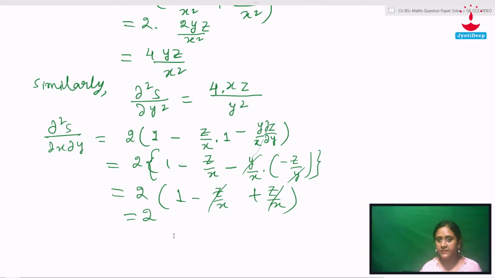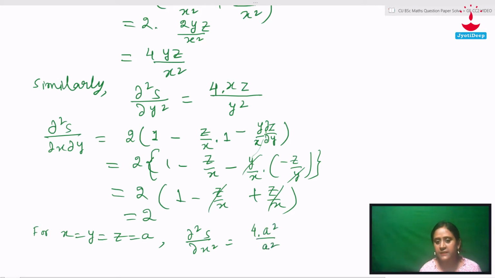Now we are going to see the results for x is equals to y is equals to z is equals to a. Del 2s by del x square. What we will get? 4 into yz by x square. All are a, so it will be a square by a square.